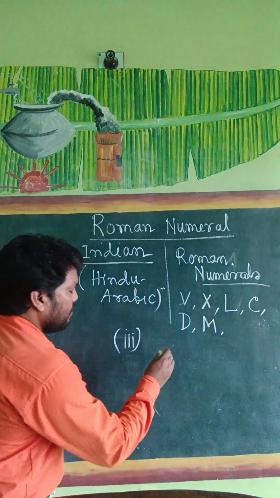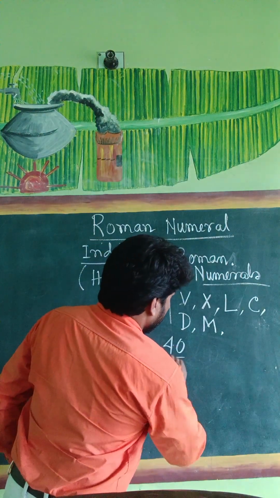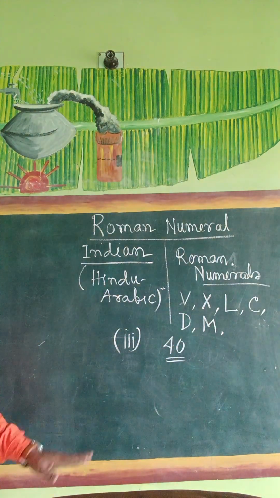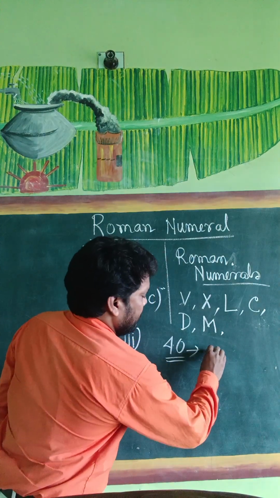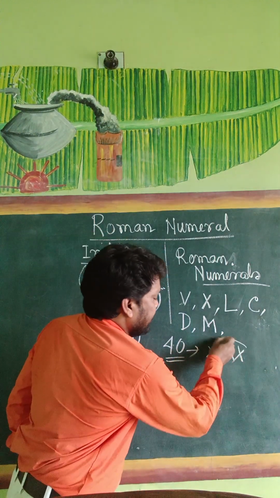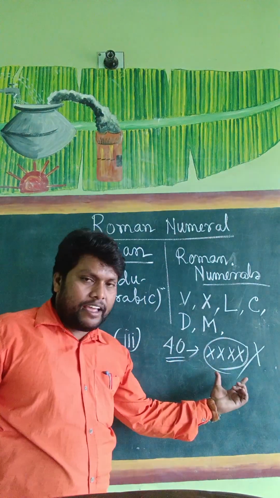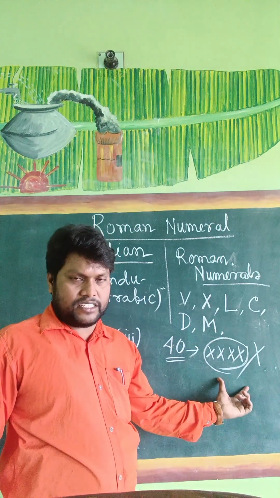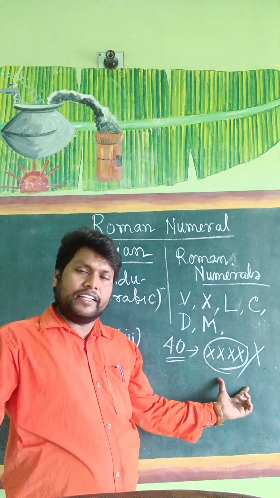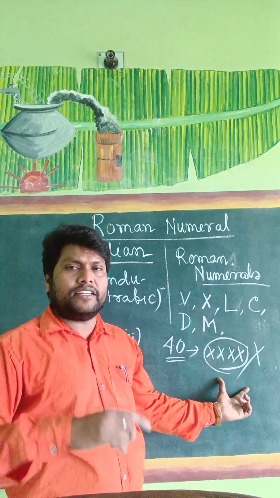Suppose 40. Now I am writing 40 as XXXX. I have said it is incorrect. Why is it incorrect? Because I have used X 4 times, but in Roman numerals they have said no Roman numeral can be repeated more than 3 times.